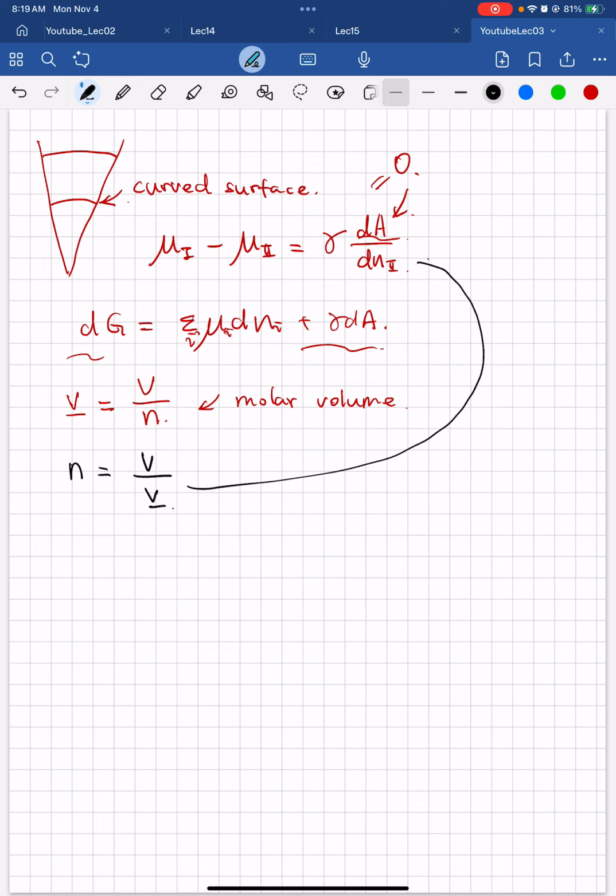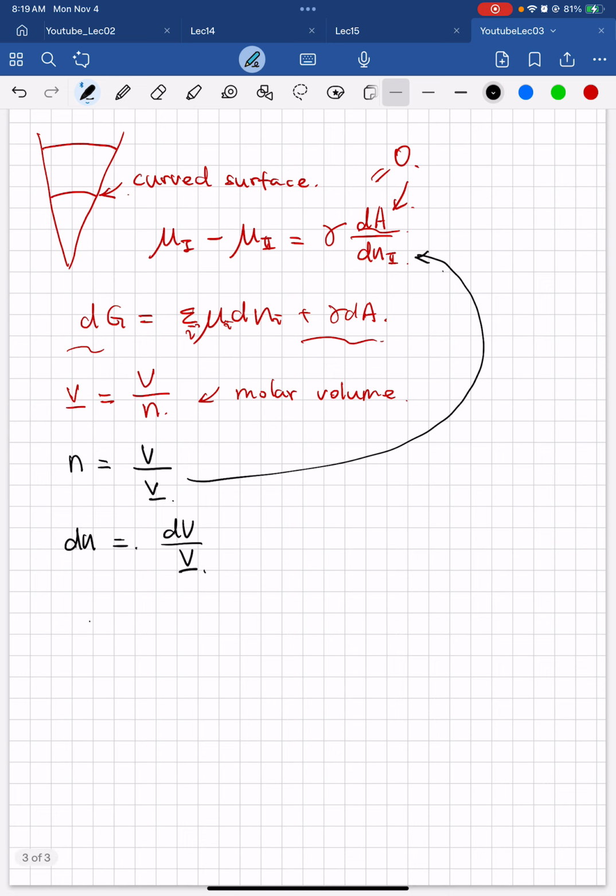So you plug this in here. Then dN will equal to dV divided by the molar volume. Then you plug this in, mu 1 minus mu 2 equals to gamma dA divided by dV times V, like this.